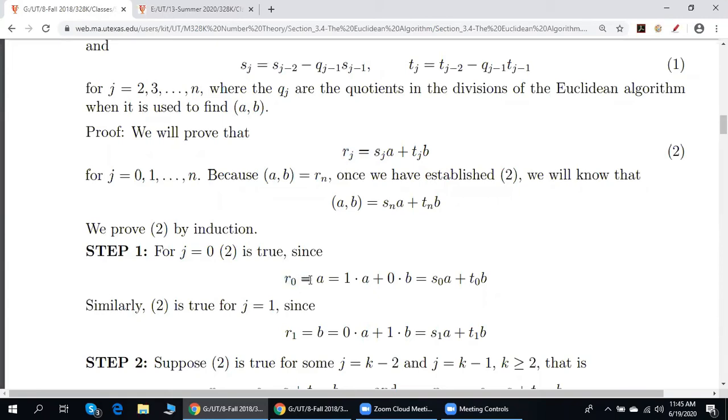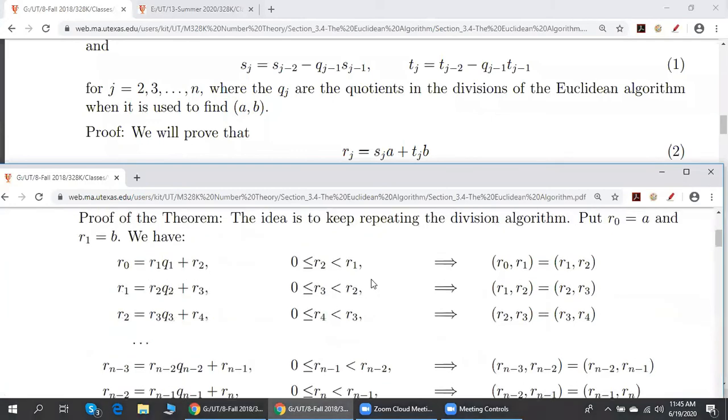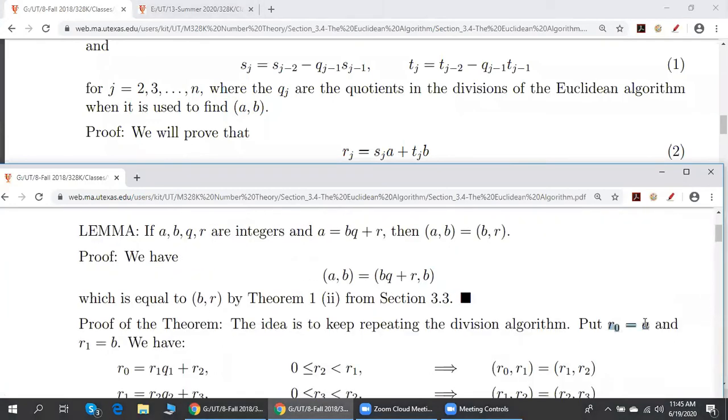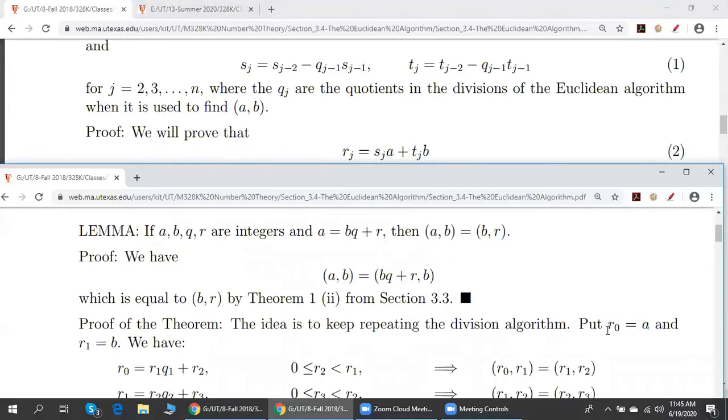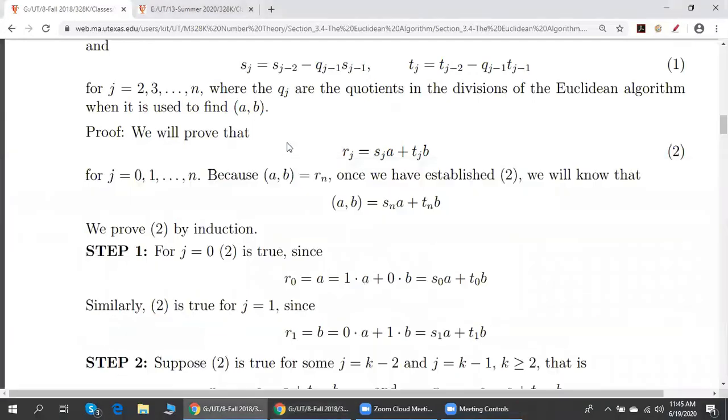R0 is equal to A. Guys, R0 is equal to A thanks to this. Remember, in Theorem 1, we put R0 is equal to A. So, R0 is equal to A by Theorem 1.